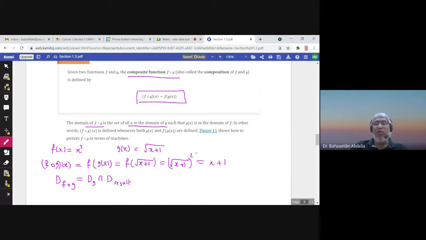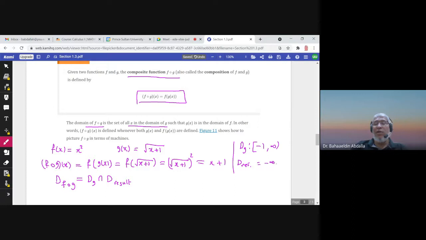So in this example, what would be the domain of f circle g? What is the domain of g here? g is a square root, so x plus 1 should be positive. So x should be greater than or equal to negative 1. So the domain of g would be from negative 1 to infinity. This is the result. What is the domain of the result?